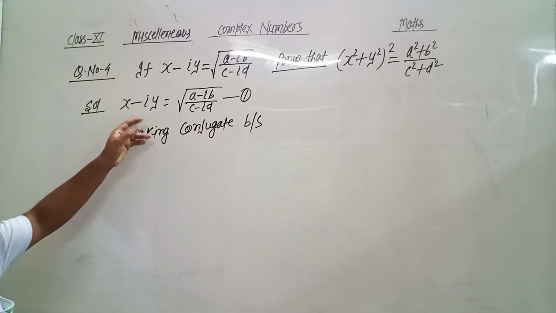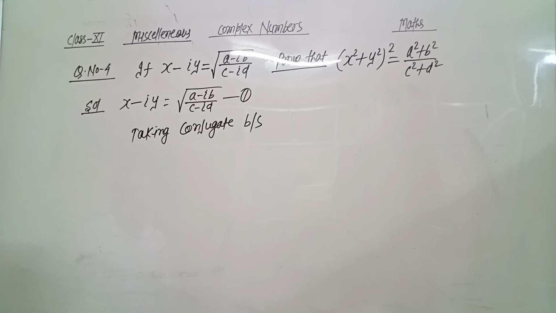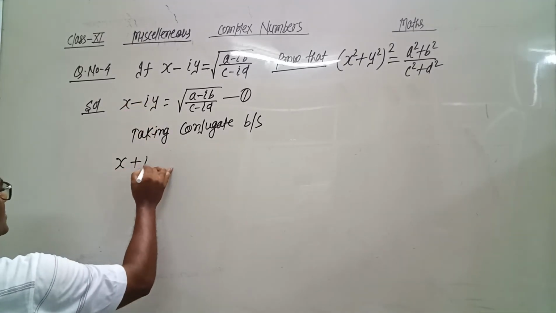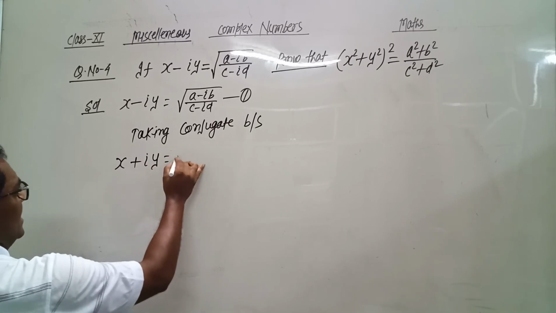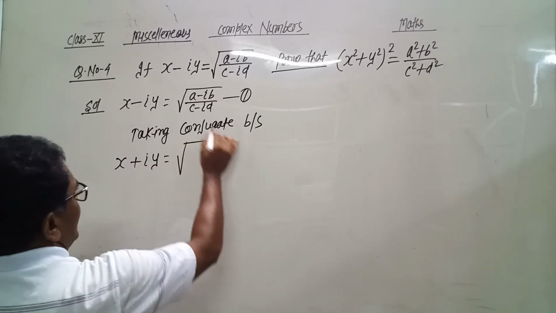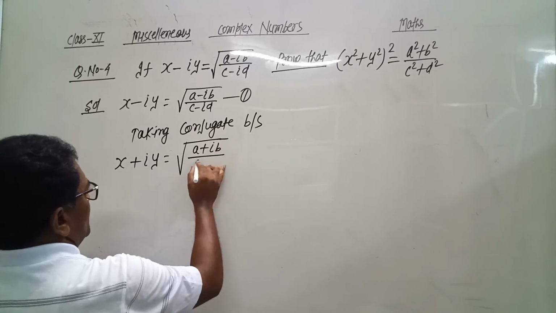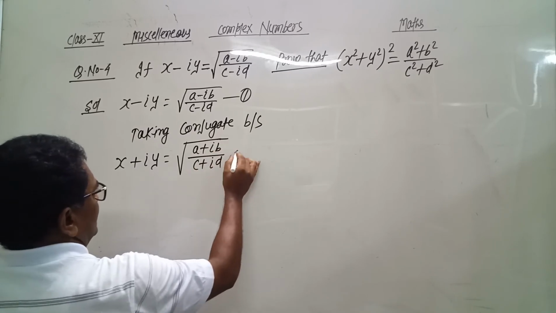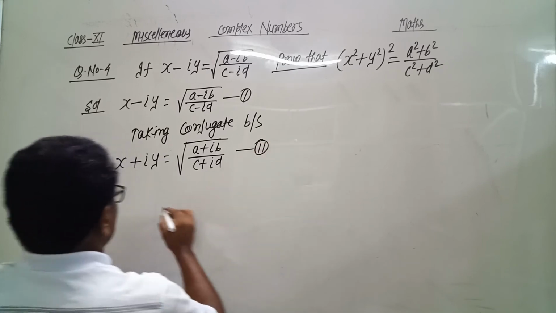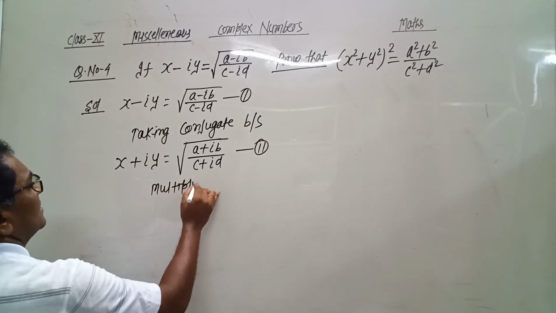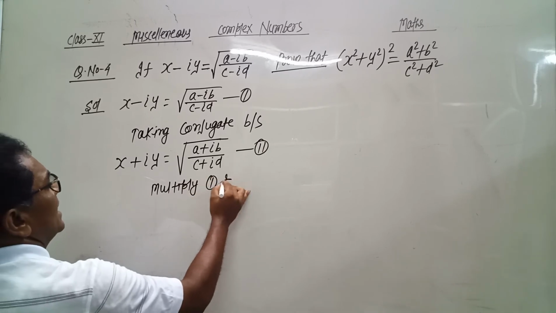Conjugate means we have to change the sign of the imaginary part. It is minus, so it becomes x plus iota y, and under the square root this becomes (a plus iota b) upon (c plus iota d). This is the second equation. Now multiply the first and second.